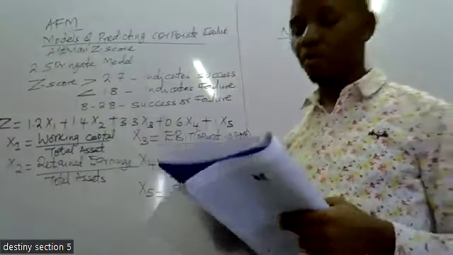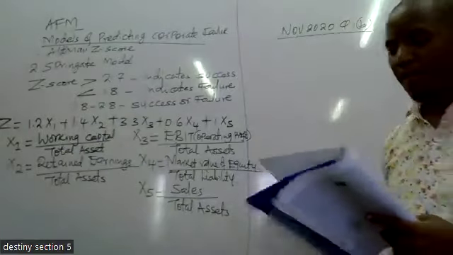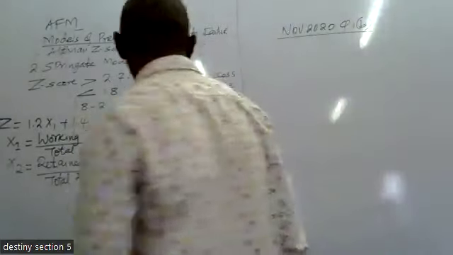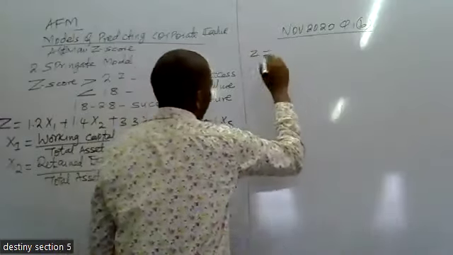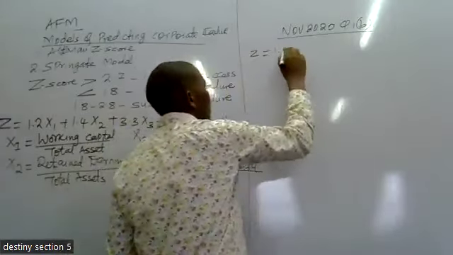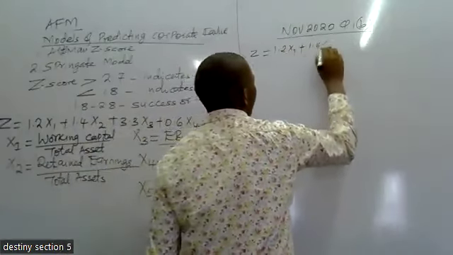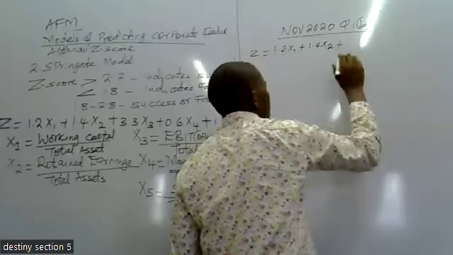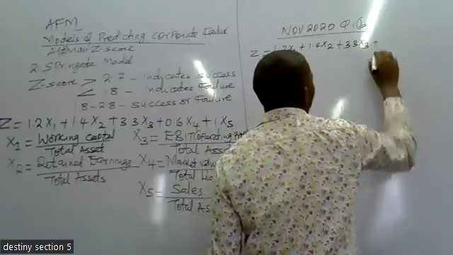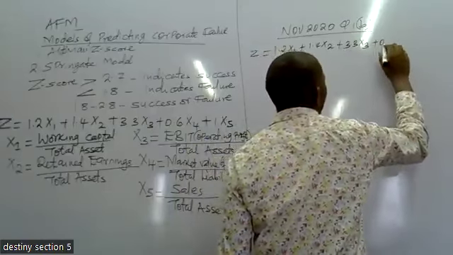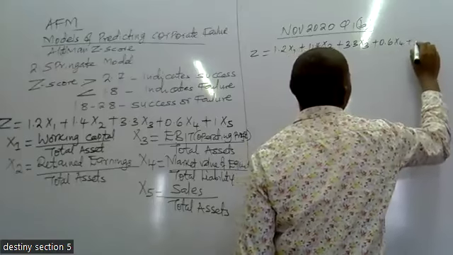The firm ordinary shares are currently trading at 15 each. You require the Z score of Alpha. So Z score in this case, we have 1.2x1, 1.4x2, plus 3.3x3, plus 0.6x4 plus 1x5.